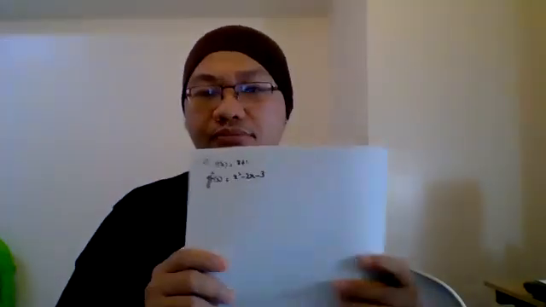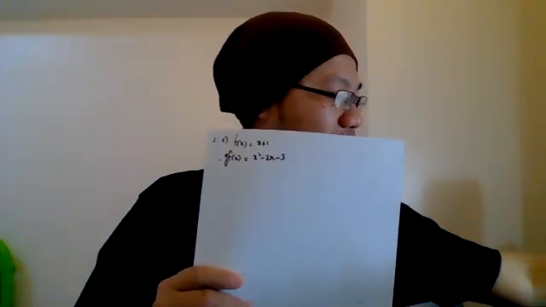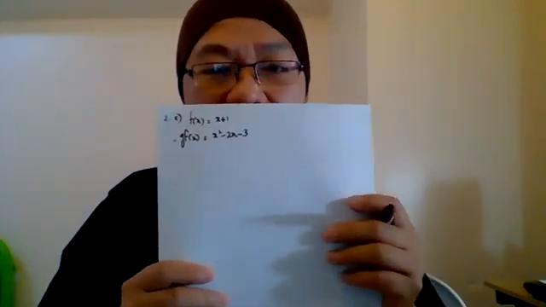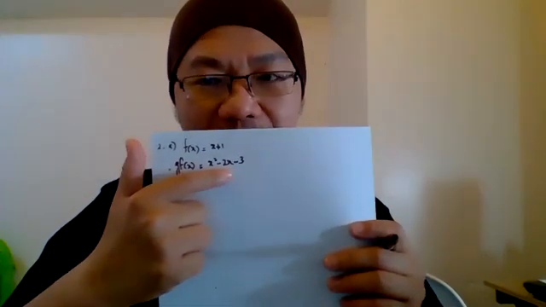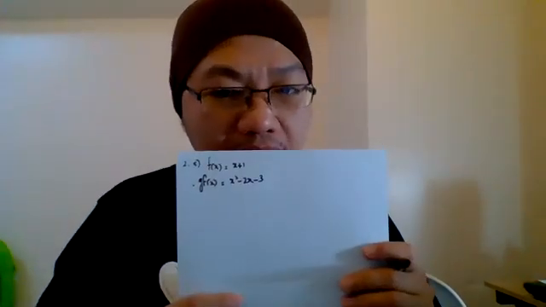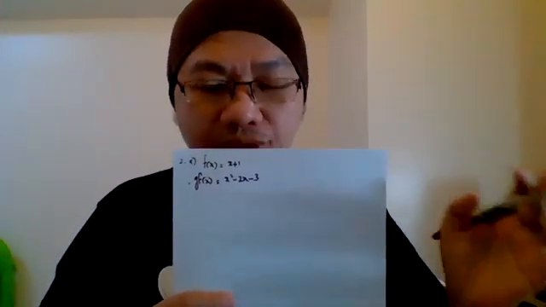But if you look at 2a, the information given to you is fx equals x plus 1 and gfx equals x squared minus 2x minus 3. Now, this is the information given to you. Now we want to find the letter g.